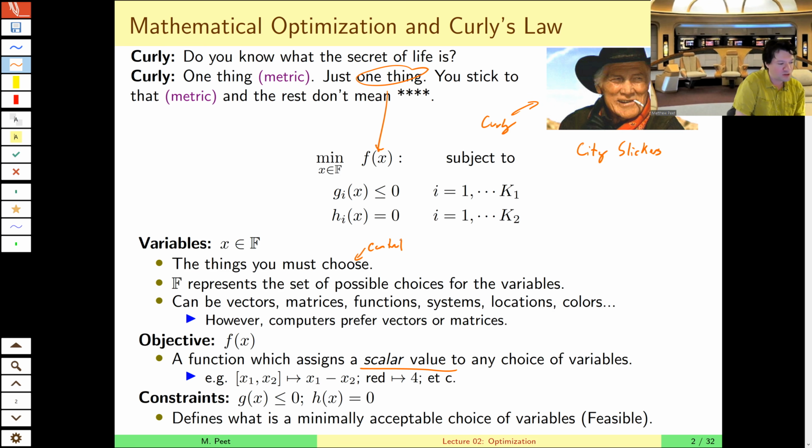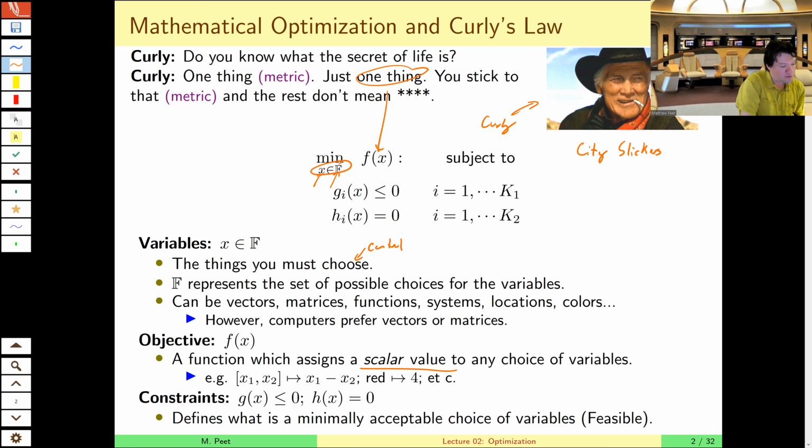So which way you go to work, what job you choose, which classes you take, and so on and so forth. Those are your choices. And so this very concise formulation, x in F, means that your choices of variables have to lie in some set. So this is your set of possible choices, and the variable is constrained to lie within that range of possible choices.